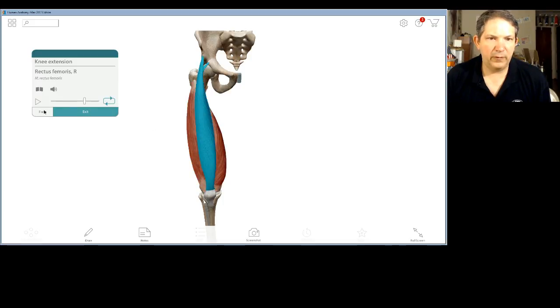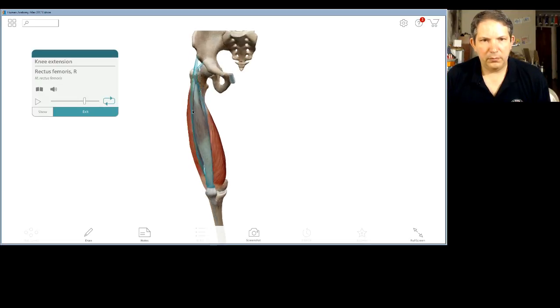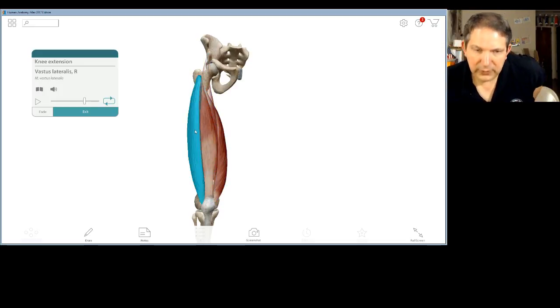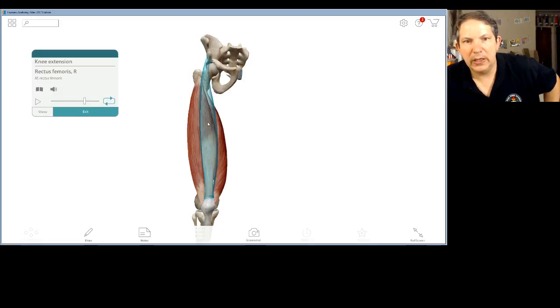For number 4, we have to hide our rectus femoris. And we have a vastus lateralis, vastus medialis, and a vastus intermedius. I can't quite highlight it because I can't take this one away, but it's the one directly underneath.